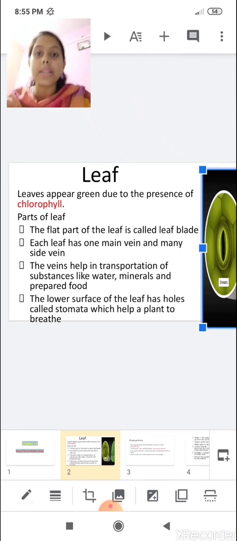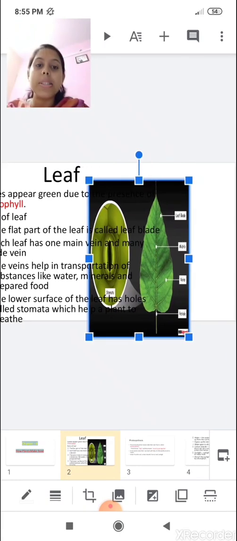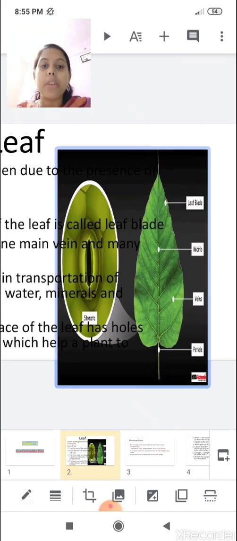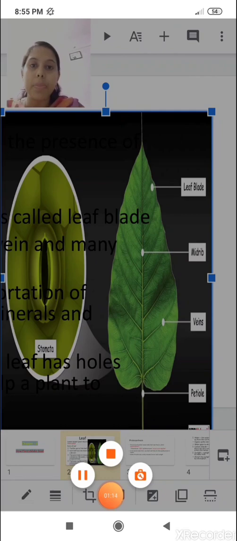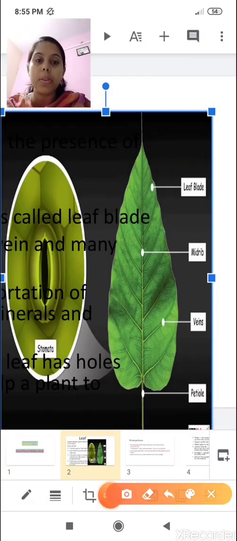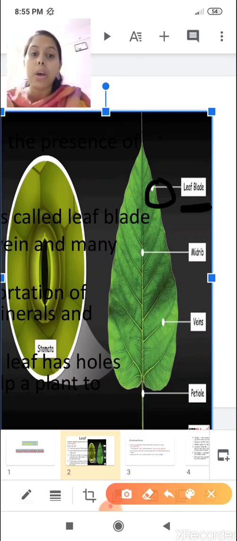Then we discussed the parts of a leaf. The flat surface of a leaf is called the leaf blade. You can see in this picture the flat surface of the leaf, known as the leaf blade.